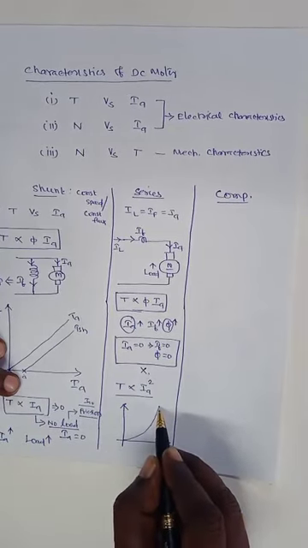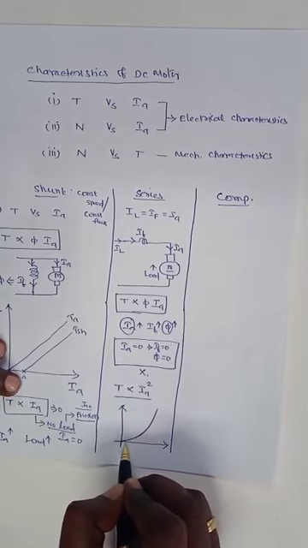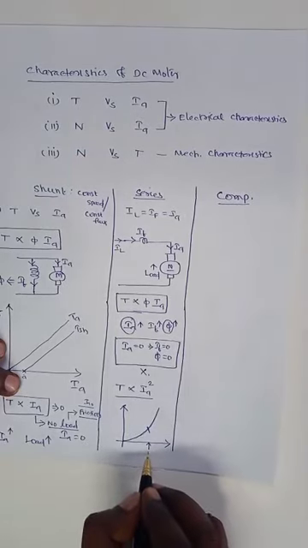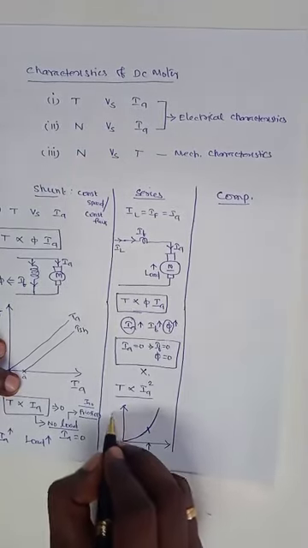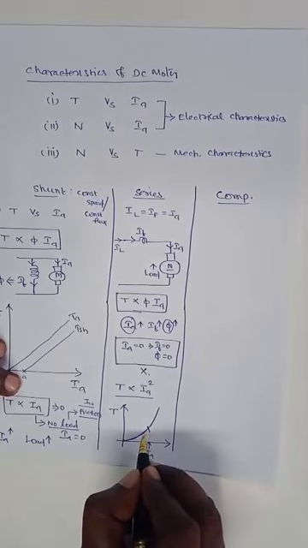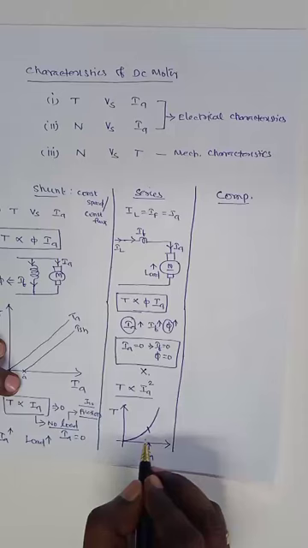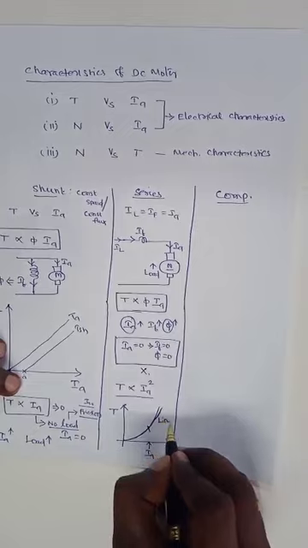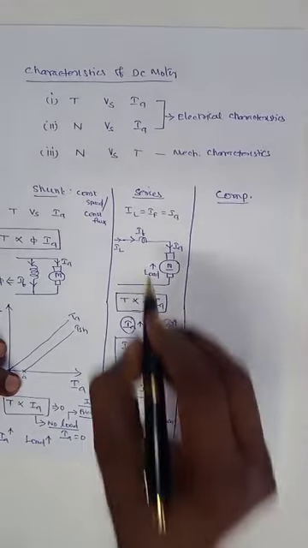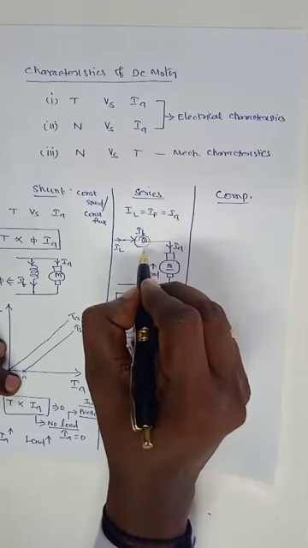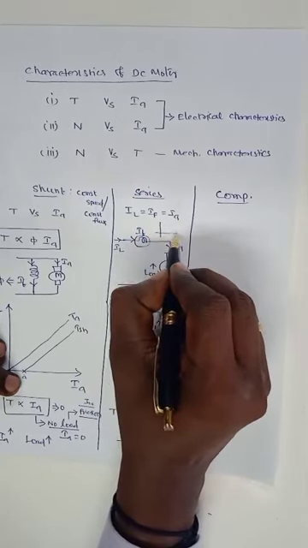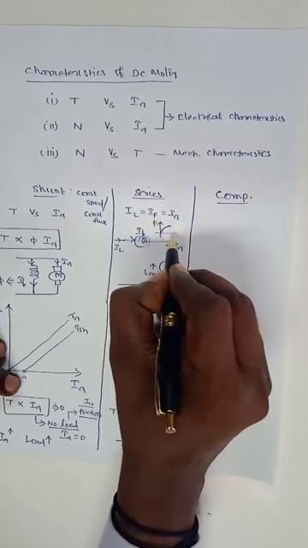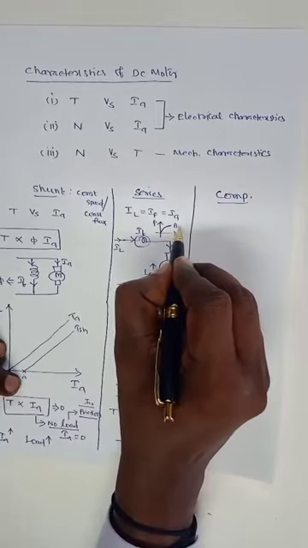Up to a certain value of Ia, the torque varies in a parabolic way. After that it varies linearly. It is linear because the flux will be saturated after some time. Irrespective of current, the flux will be saturated. This comes under the BH curve.